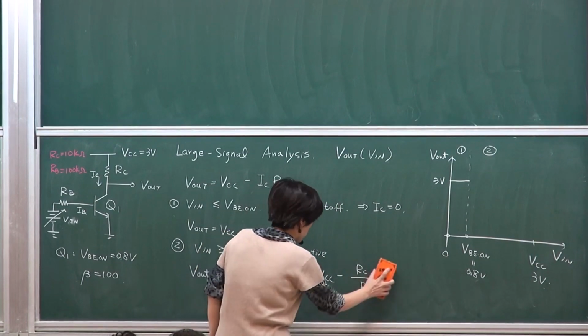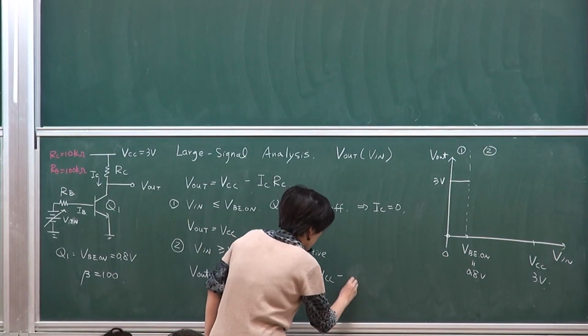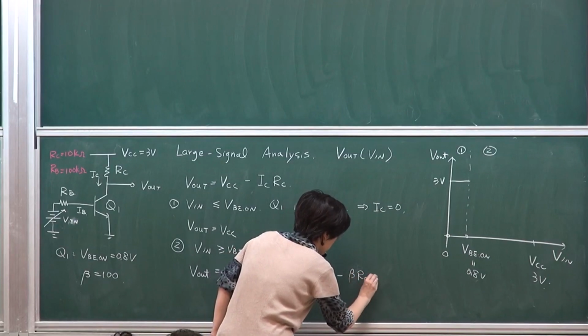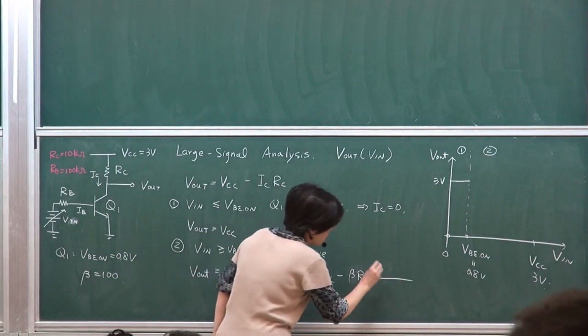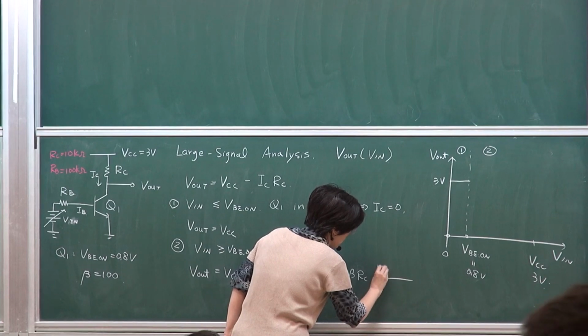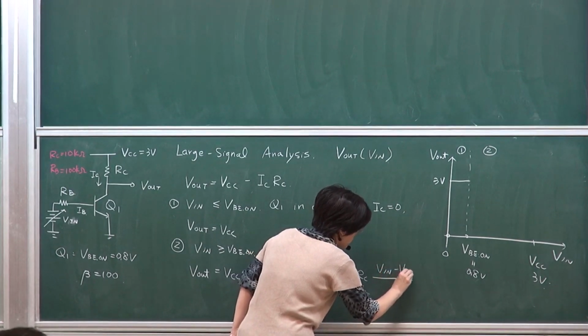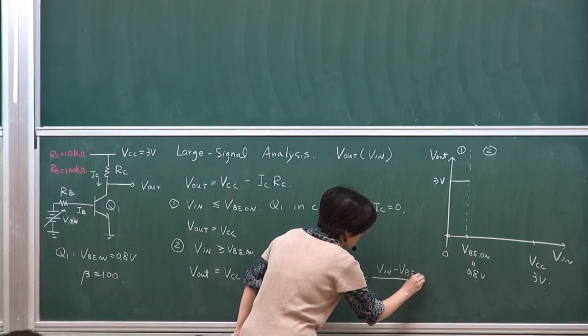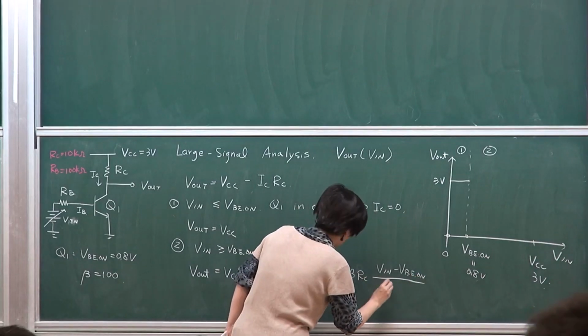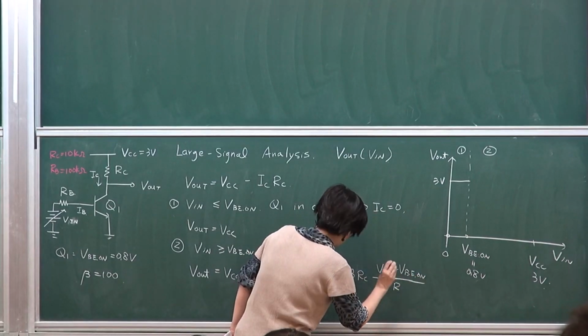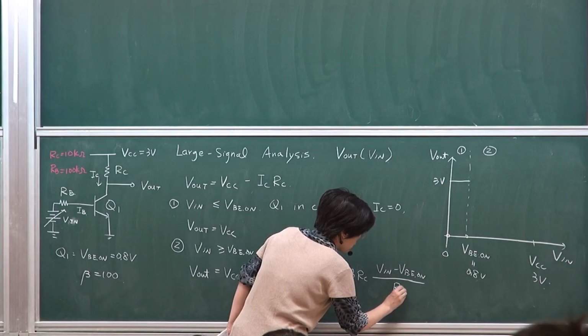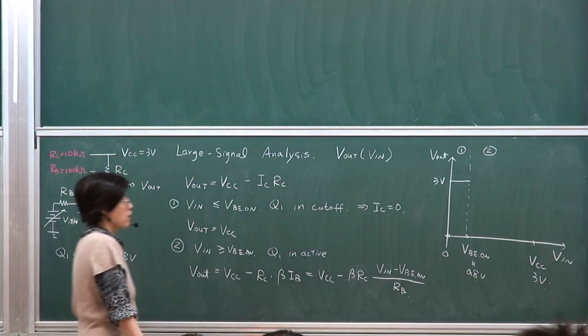Let me write it down this way. Beta RC. What determines IB? IB will be determined by Vin minus VBE divided by RB.